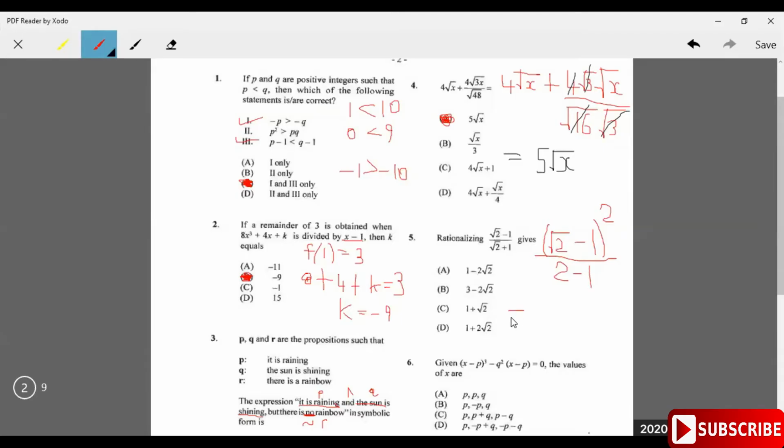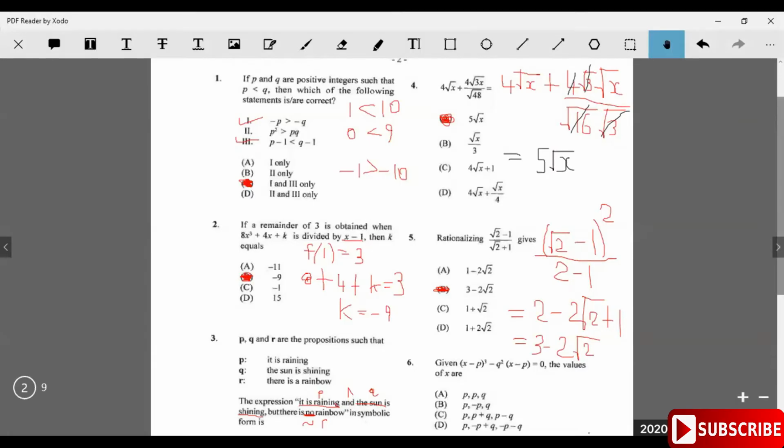So root 2 square is 2 minus 2 root 2 plus 1. So that's equal to 3 minus 2 root 2. That's option B.